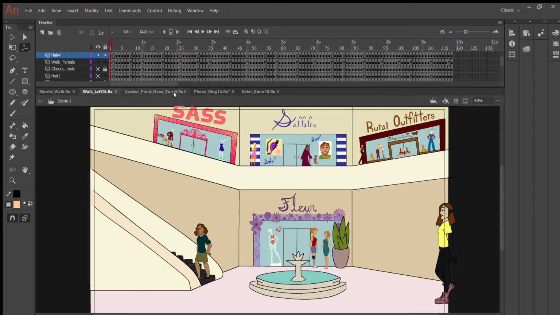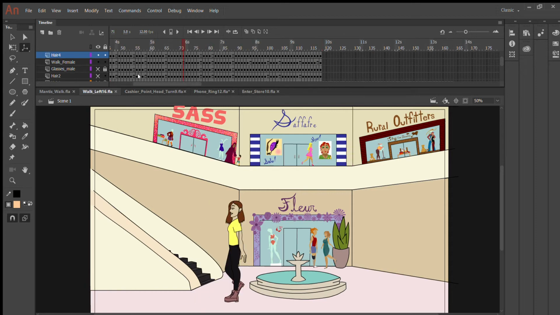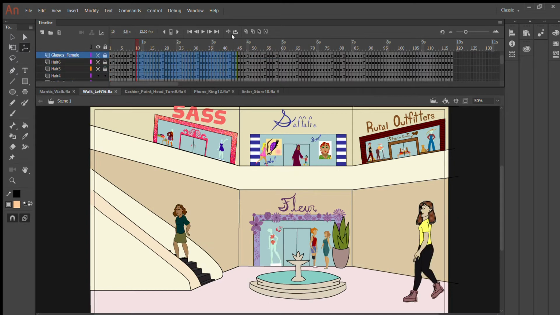And here's an example of something that has a lot of background animations, and those were done pretty simply. This person isn't necessarily even moving their arms much, they're just going up the elevator, and that's a really simple animation.